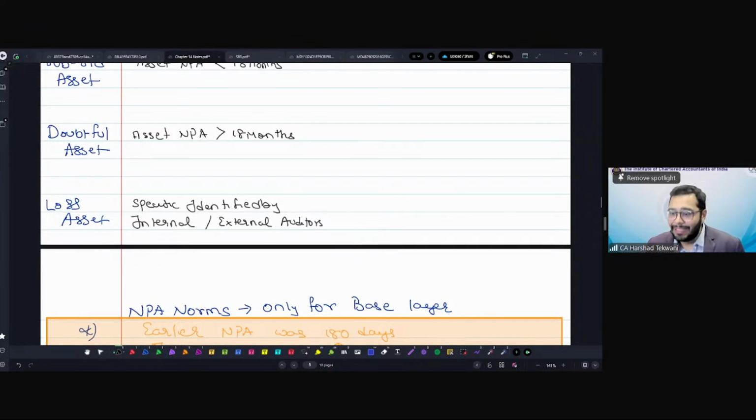So loss asset has nothing to do with the days, it is more about the identification. Clear?